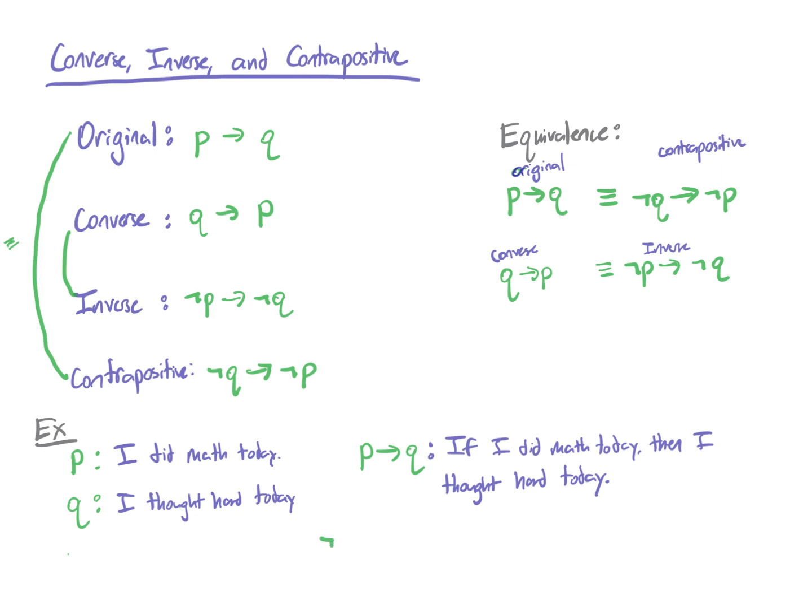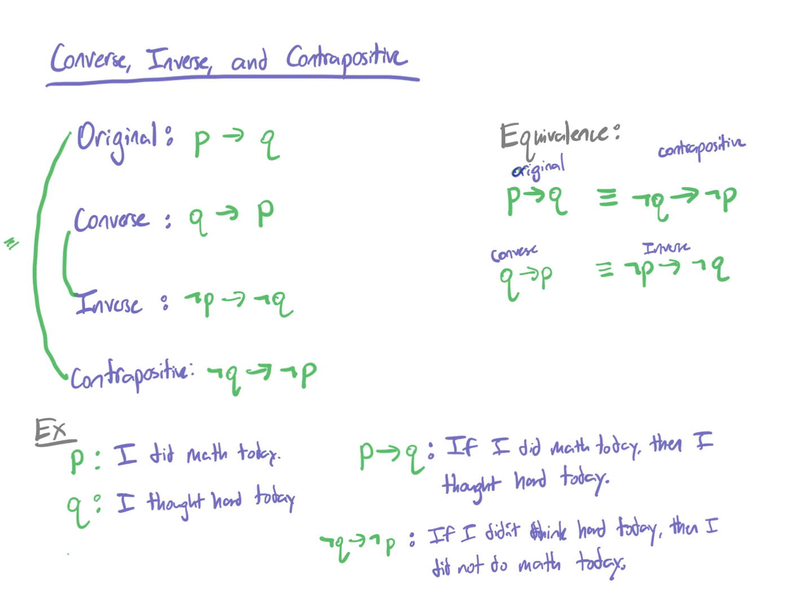The contrapositive, not Q implies not P: if I didn't think hard today, then I did not do math today. That would be my contrapositive, and this statement is logically equivalent to the original statement P implies Q.